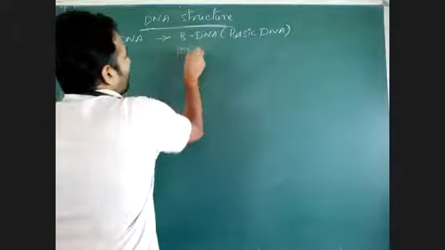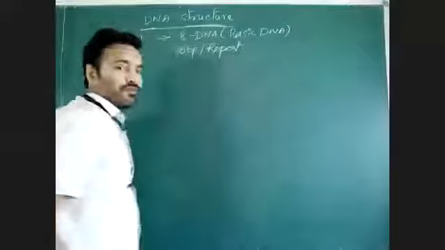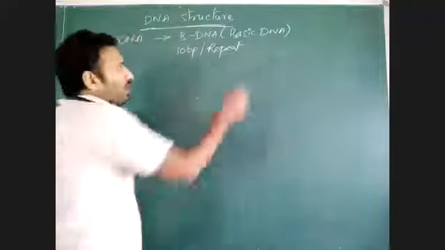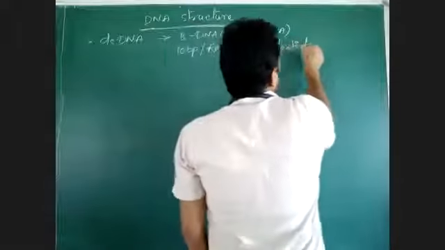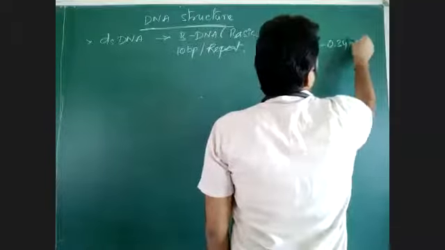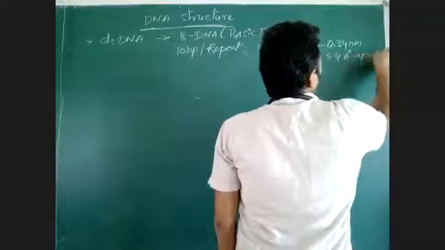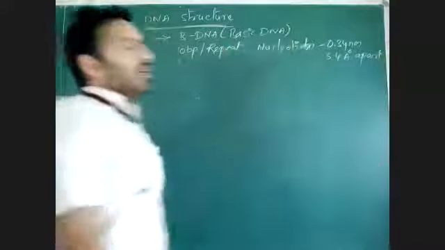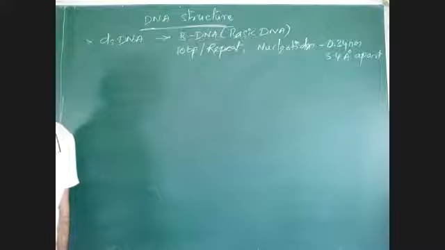10 base pairs per repeat is one characteristic, and each nucleotide is 0.34 nanometers or 3.4 angstroms apart from the next. The distance between two nucleotides is 0.34 nanometers or 3.4 angstroms.